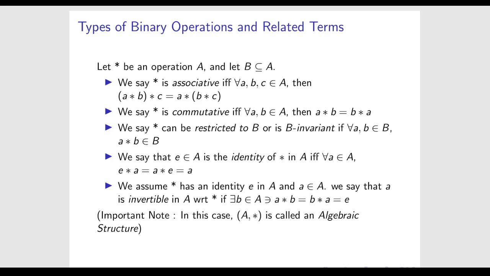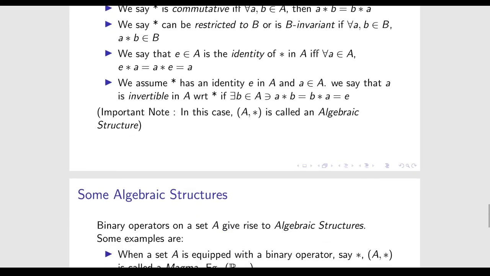We assume star has an identity e in A and a belongs to A. We say that a is invertible in A with respect to star if there exists b belonging to A such that a star b equals b star a equals the identity. That is, we can operate on a with some element b for which it gives us the identity. An important note: in this case, (A, star) is called an algebraic structure, which we will see in the next slide.